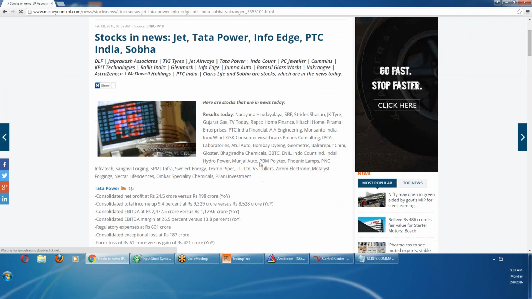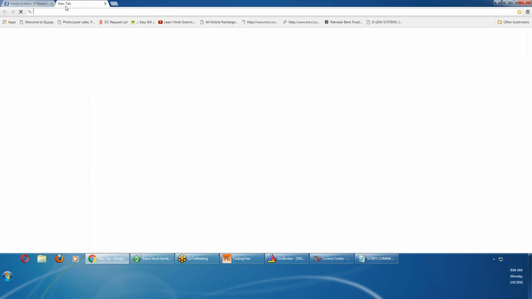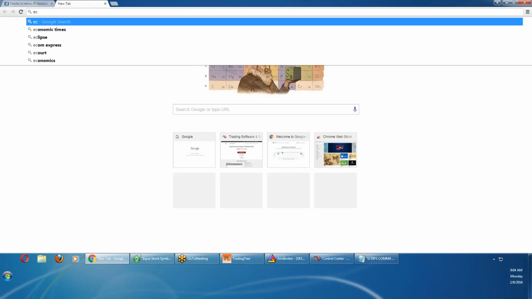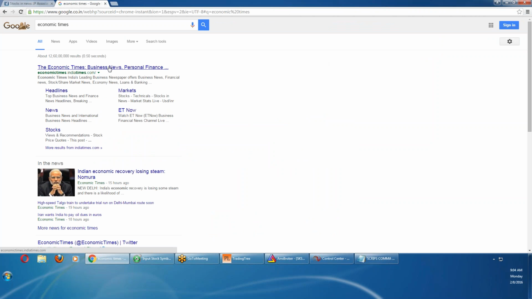That is one of the real news items there. Other than that, we have PTC and Glenmark. So we can do a small research in the morning just before you actually start trading. Apart from this, you'll even have stocks and news in Economic Times also.